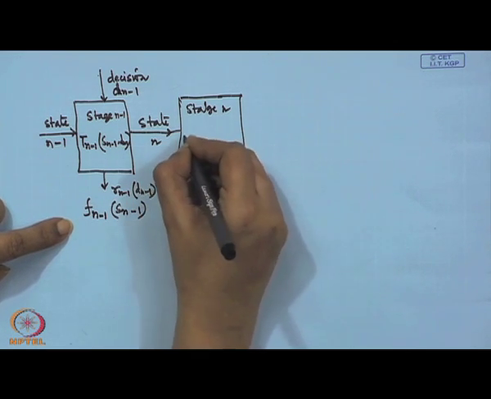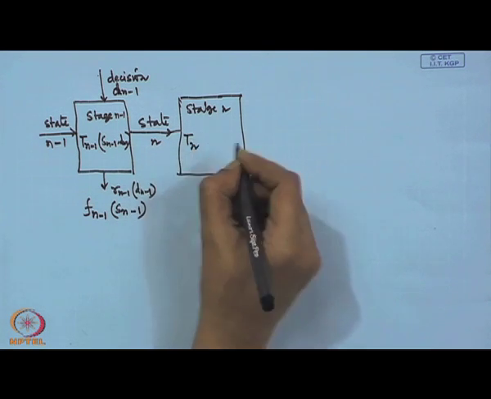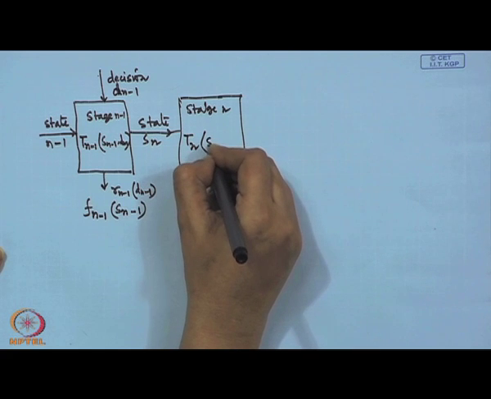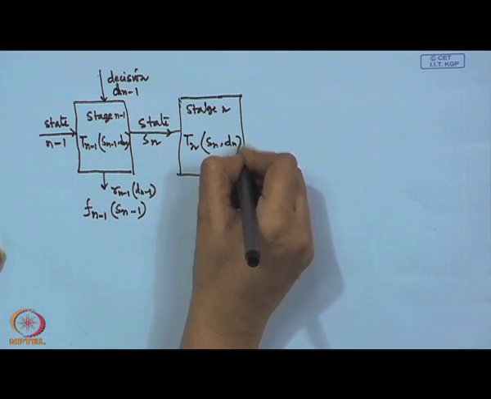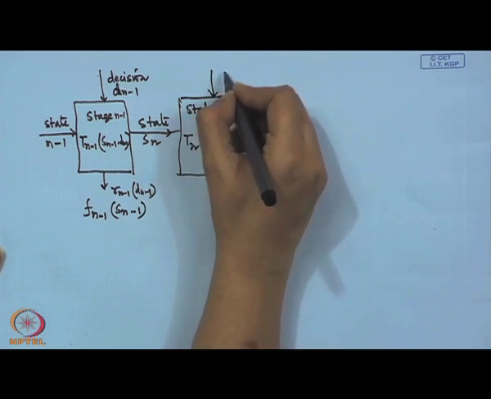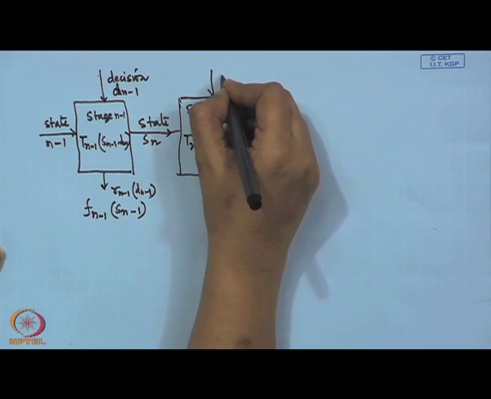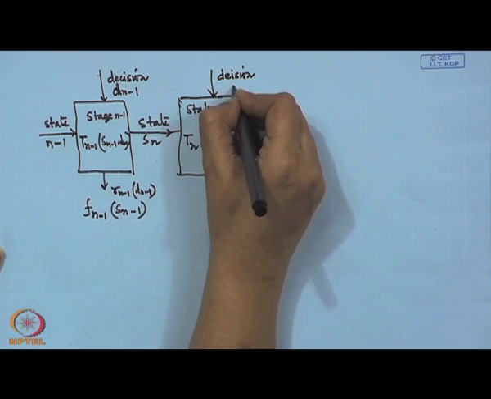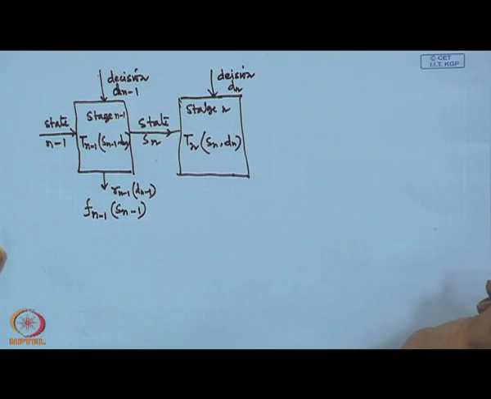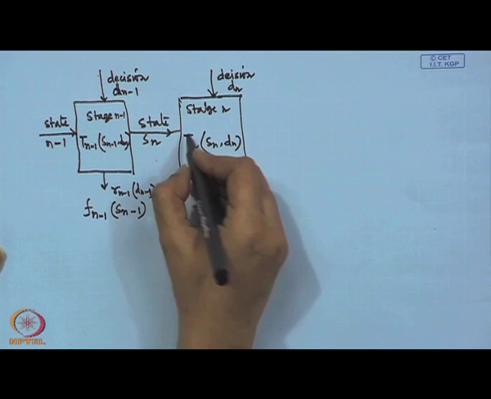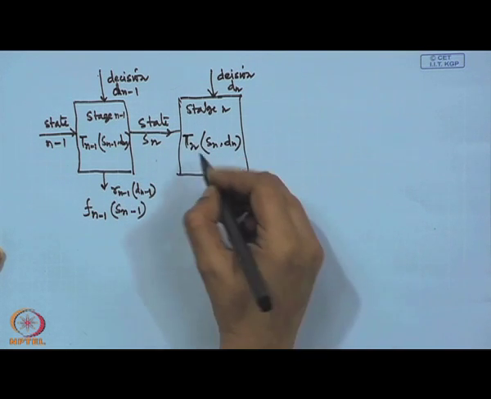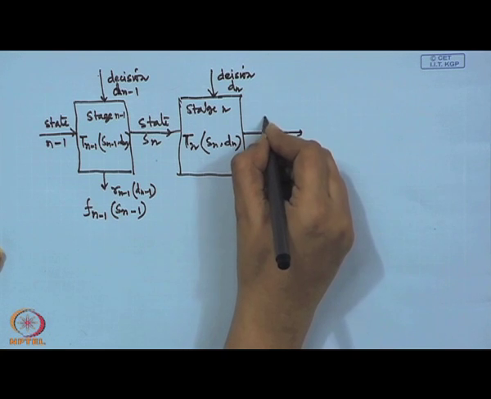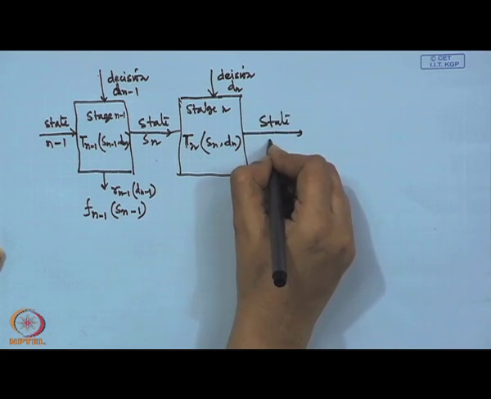In stage n as well we have the state transformation equation T n, a function of s n and the decision d n, because in stage n there are other possible decisions, and T n again converts this state to the next state n plus 1.